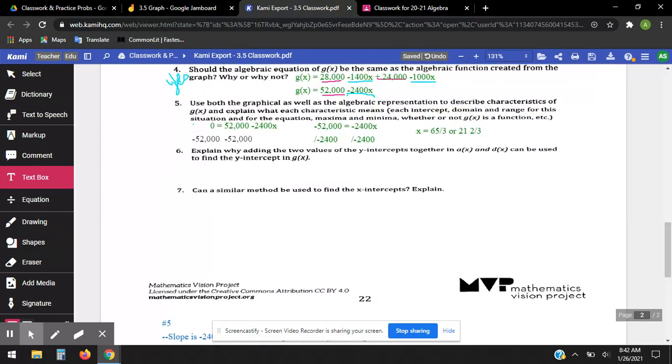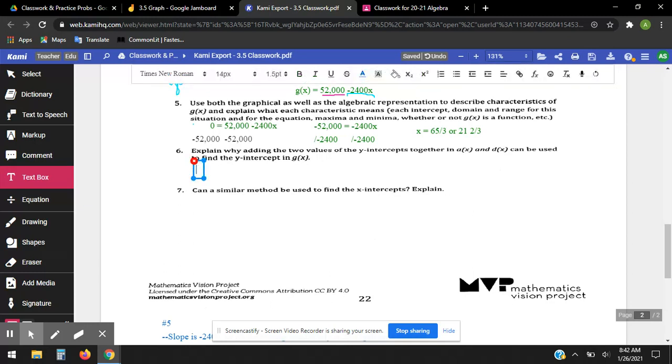Number 6, explain why adding the two values of the y-intercepts together can be used to find the y-intercept in g of x. Well, it works out pretty well this way because the y-intercept of each is when x equals 0.